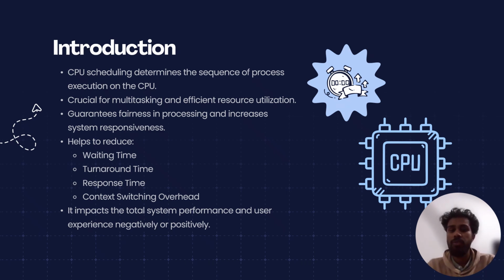With modern workloads ranging from batch tasks to interactive applications, selecting an effective scheduling method is essential. This project explores classic algorithms, identifies their limitations, and proposes an improved hybrid approach for mixed workloads.